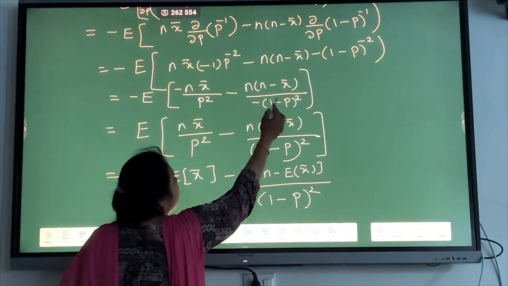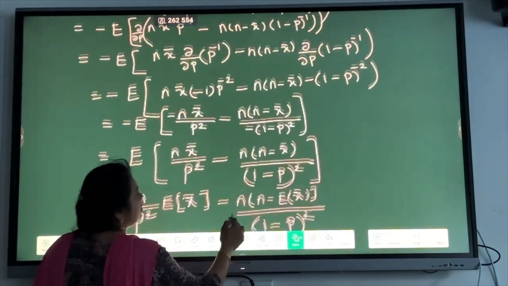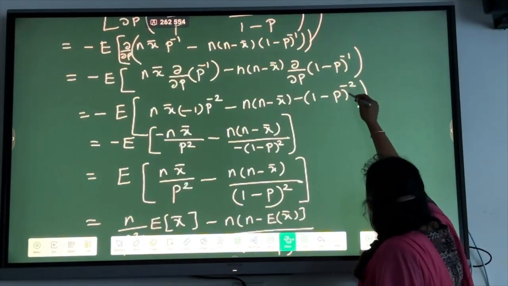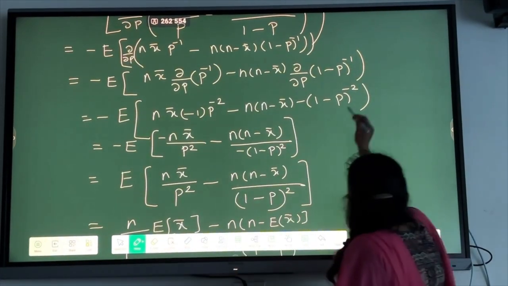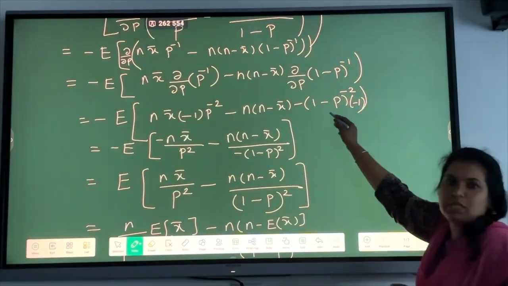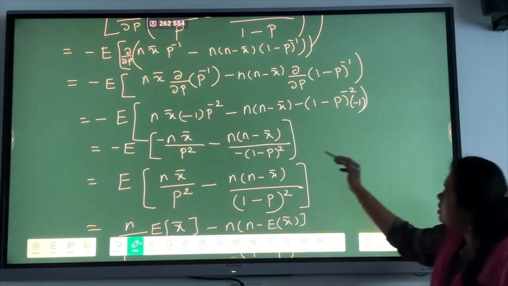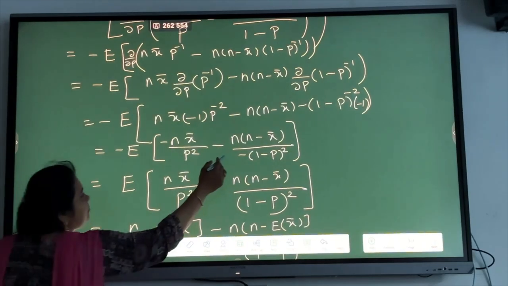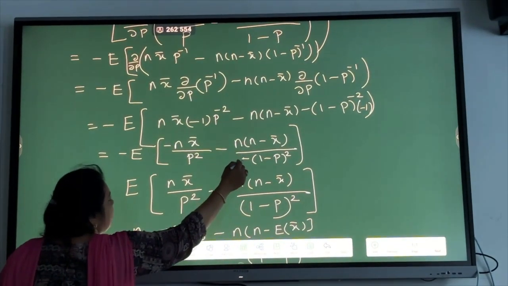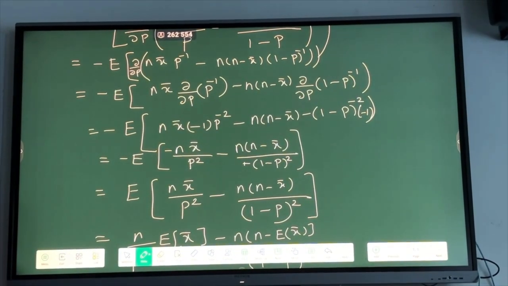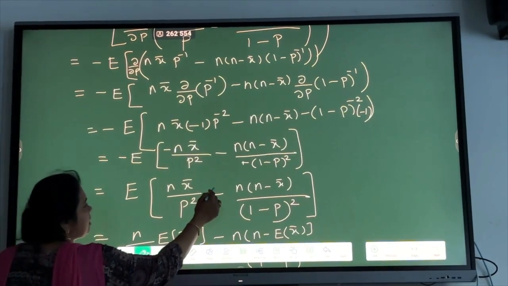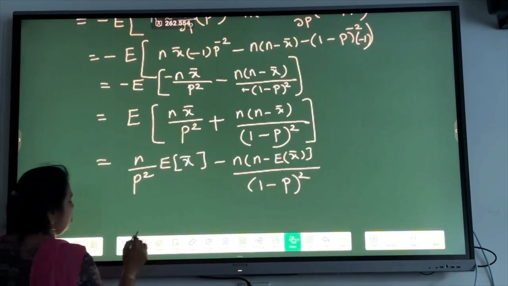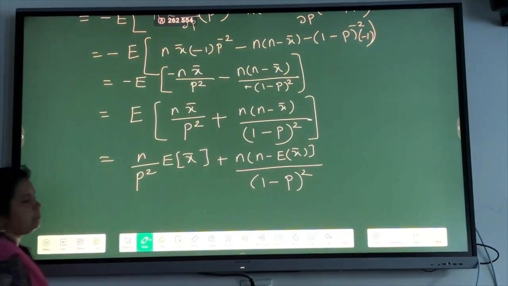So this term will become minus 1 because we are doing with respect to p. So what will happen? You get the plus term here. So when you bring it down, it will become plus. Now when you multiply minus inside, you get it as plus. And here also, you get the term as plus term.